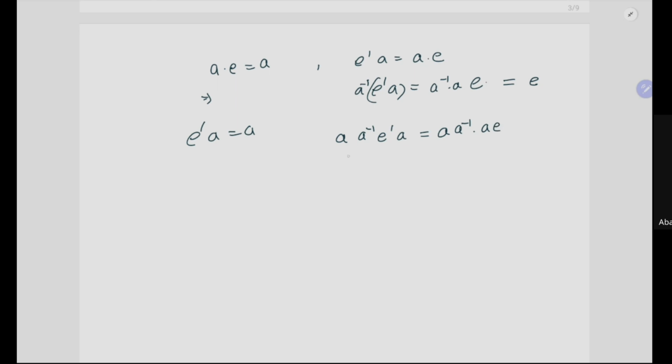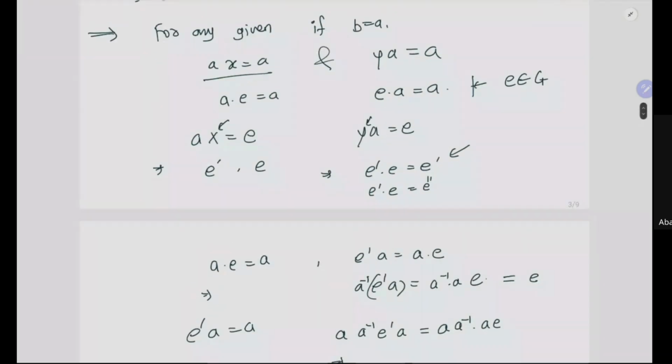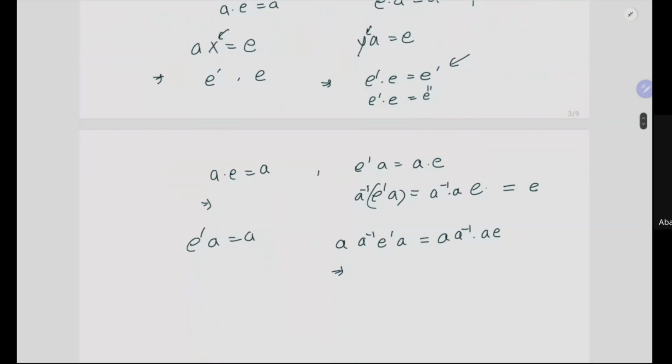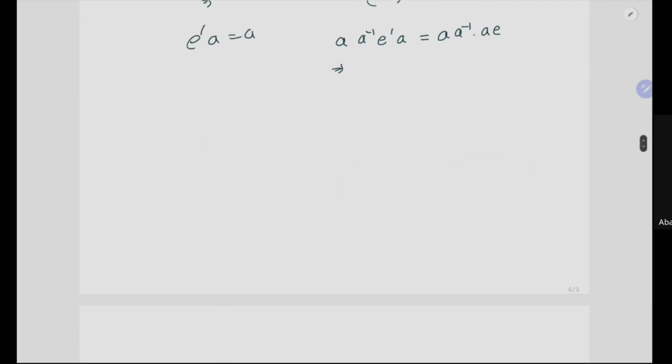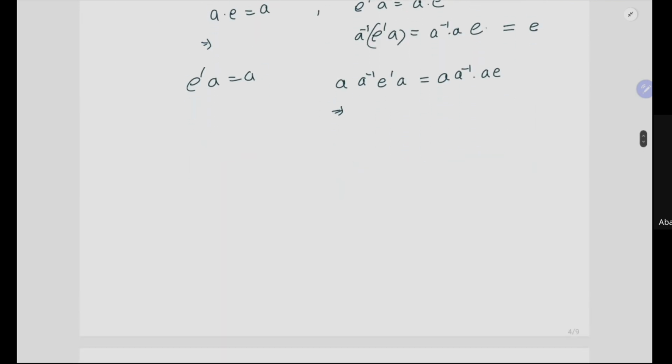Okay. Ma'am, please multiply it with A. The equation A inverse, you have to multiply with A and it equals AE. So the right side will be AE.